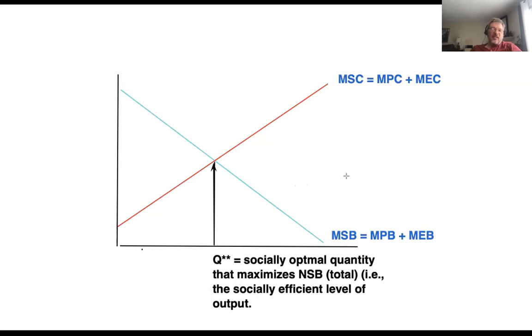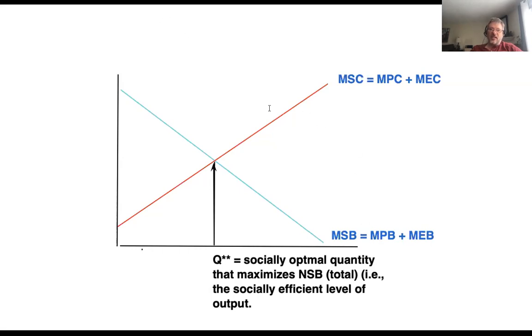Notice that in the case that the market's competitive, our definition of competition is that there are no externalities. So if there are no externalities, then it'll just be the marginal private cost and the marginal private benefit.